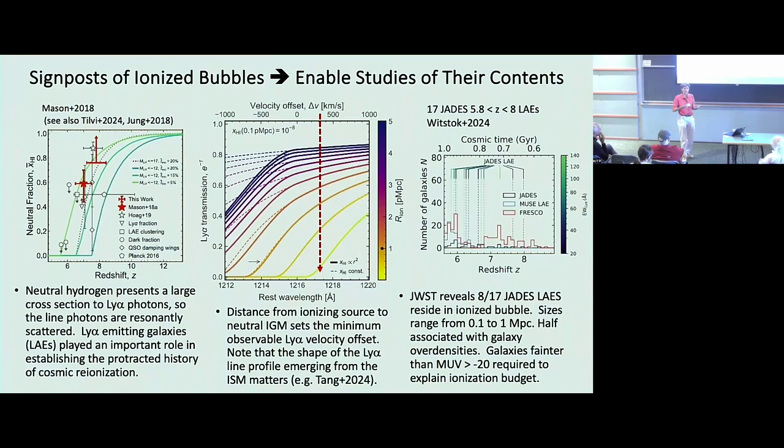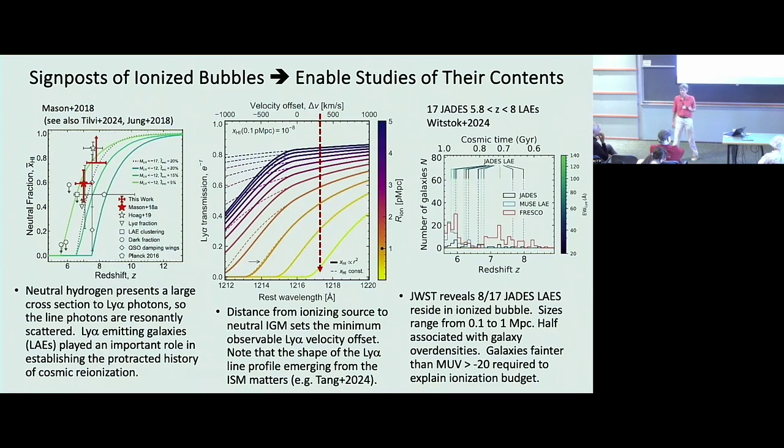So a takeaway point from this somewhat complicated graph with three different things plotted is that it's possible, in principle, to observe Lyman alpha emission from a galaxy in a completely neutral intergalactic medium. You can see that here by the yellow line. If the line profile emergent from the interstellar medium of a galaxy is redshifted more than about 300 kilometers per second, okay, you can actually get substantial Lyman alpha transmission.